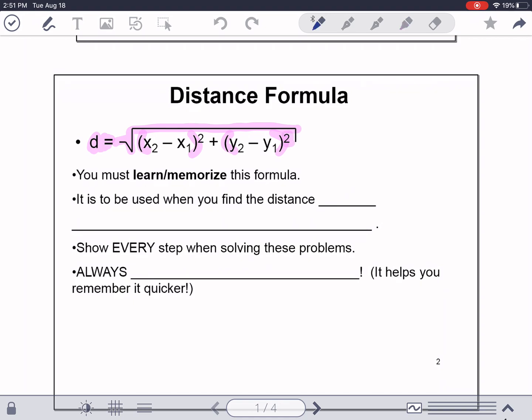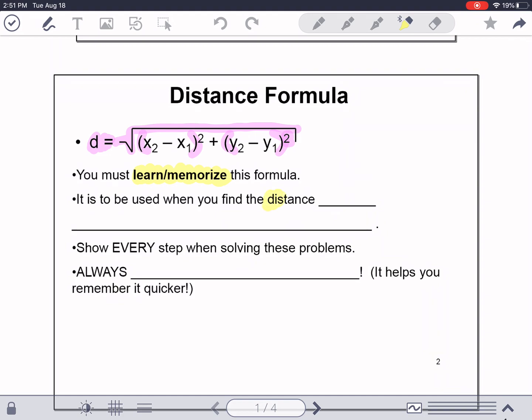That's a lot to remember. This is a formula that you have to learn or memorize. This is not one of the formulas that they will give you on the SOL test if you're one of those lucky individuals that gets to take it in May. If you want to use this formula, you have to know it.